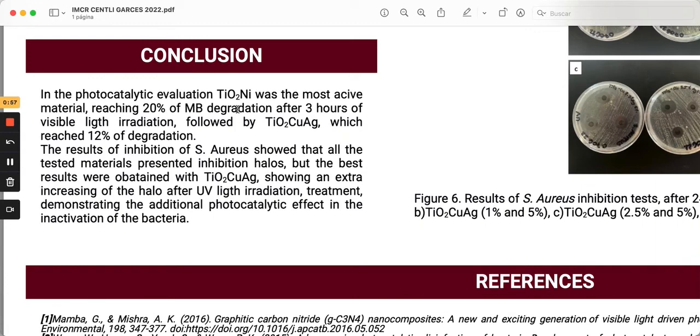The results of inhibition of Aureus, like I said, show that all the tested materials present inhibition halos, but the best results were obtained with the one that has copper and silver, showing an extra increase of the halo after UV light irradiation treatment, demonstrating the additional photocatalytic effect in the inactivation of bacteria.